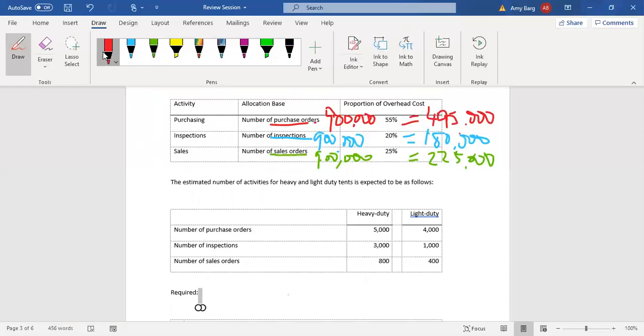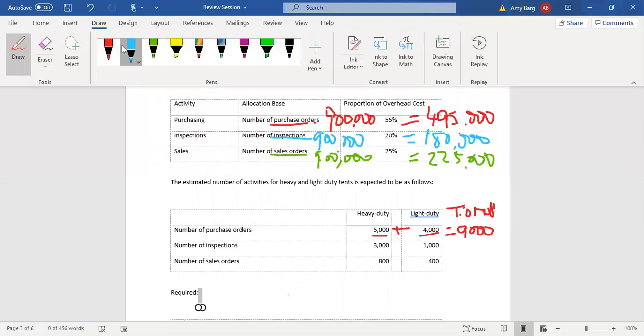And down here it tells us how many purchase orders total we're going to get. It tells us what heavy duty is. It tells us that there's 5,000 heavy duty and 4,000 light duty. This is what they expect. So total, we know that that's going to add up to 9,000.